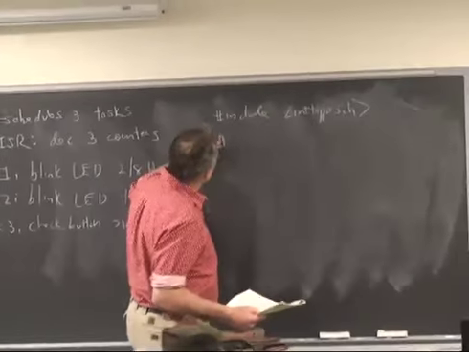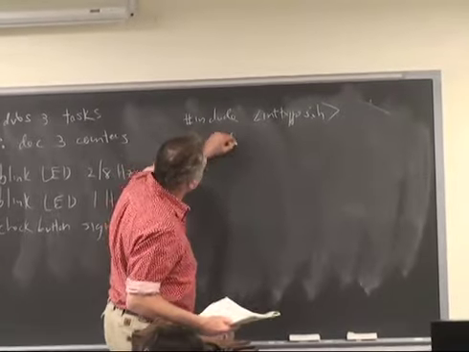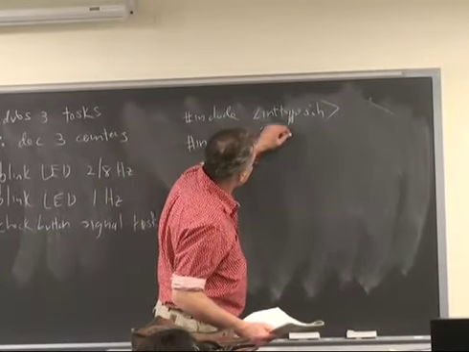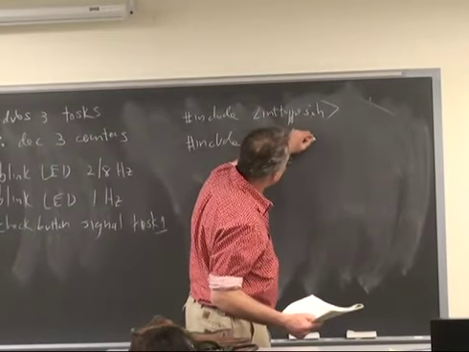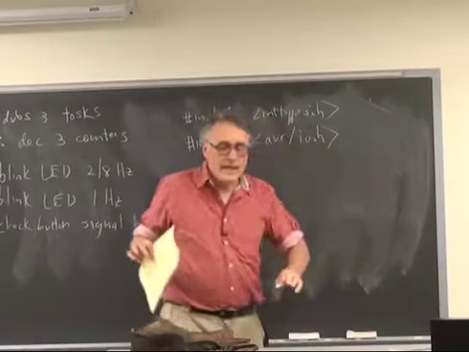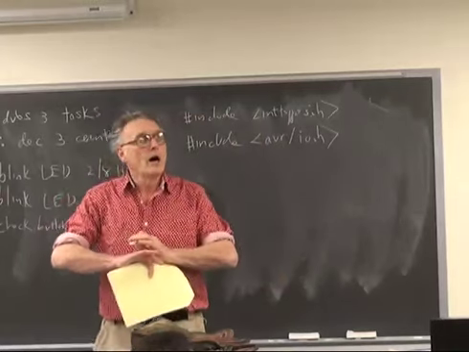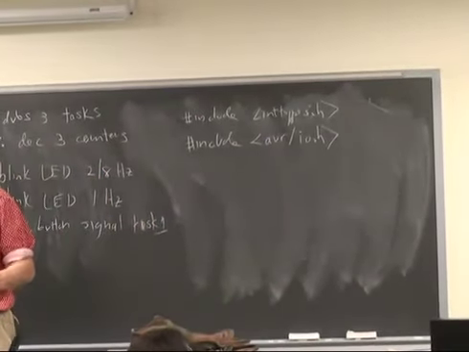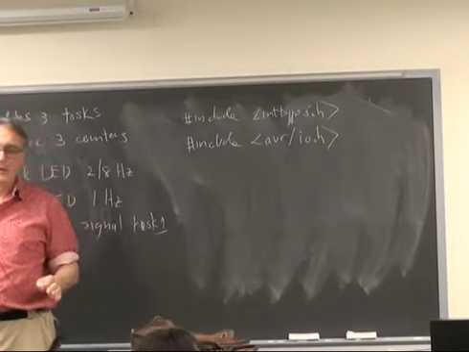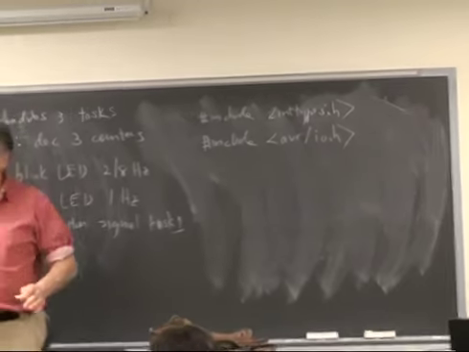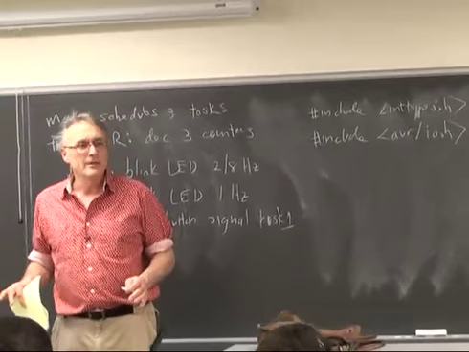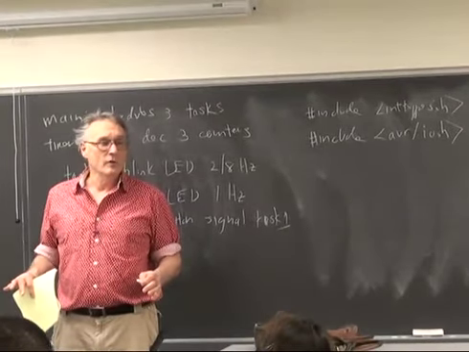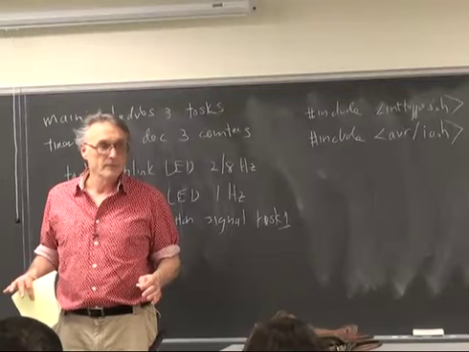You also need to include avr/io.h. This has a big table in it that has the logical names of every I/O register and every pin name or register bit name, which is defined in the Mega 644 data sheet.